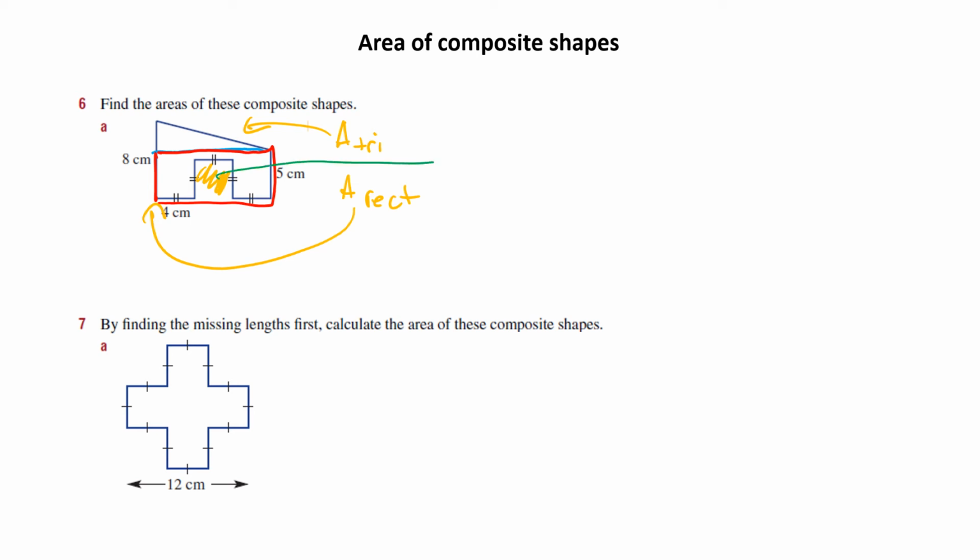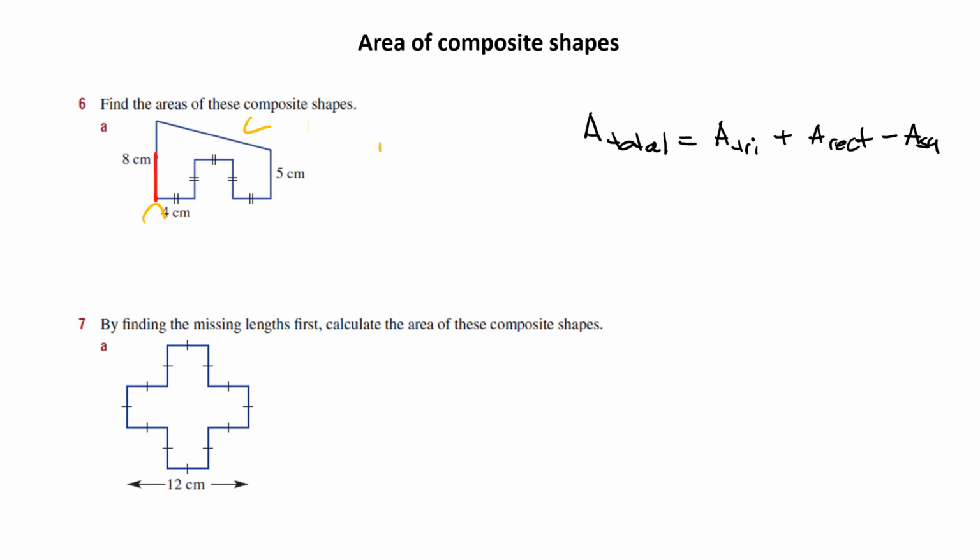And then this bit here, you're going to have area of a square. And what you would be doing is area total is equal to area of the triangle plus area of the rectangle minus the area of the square. And that would give you your answer.